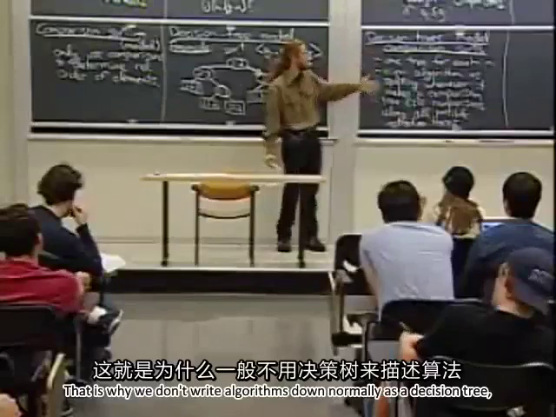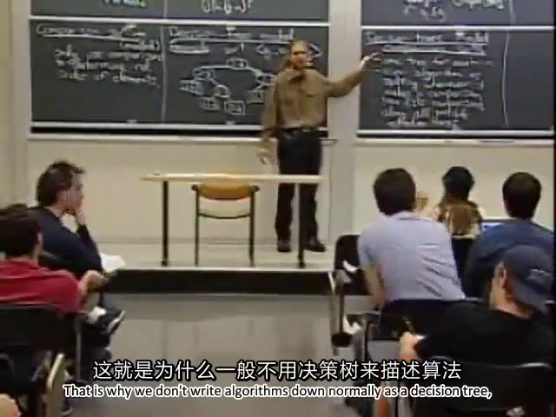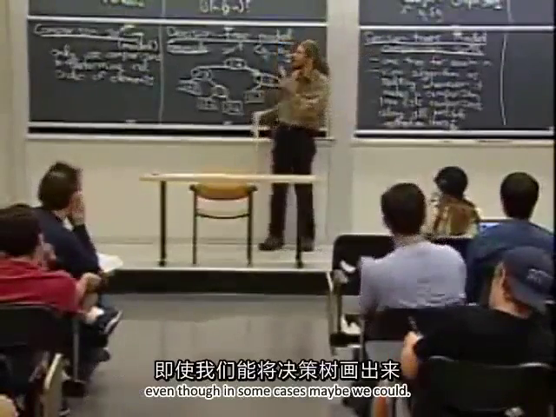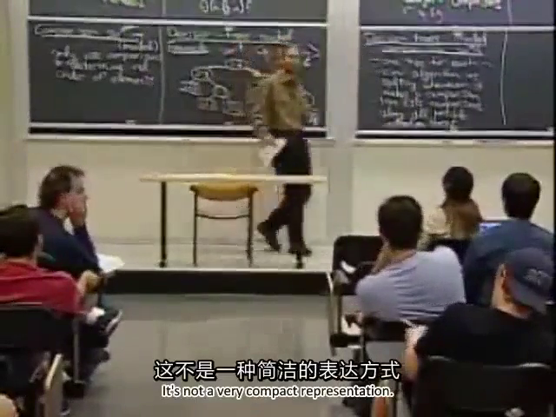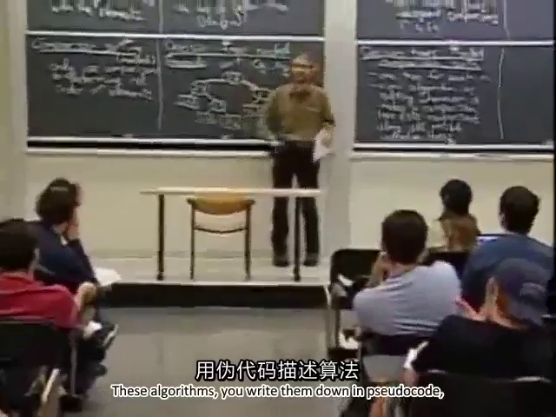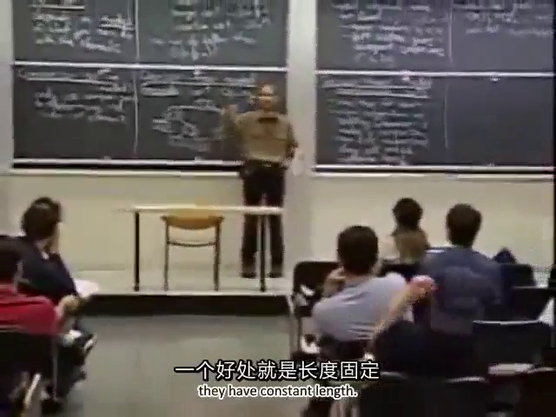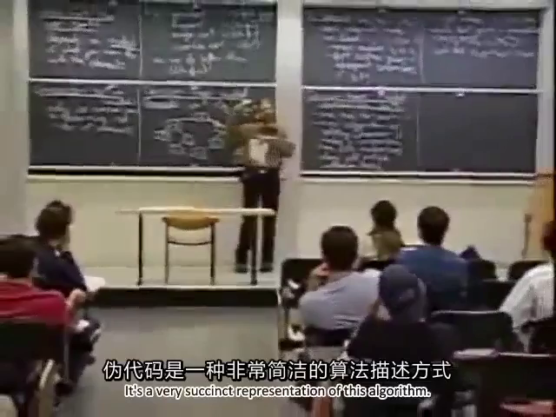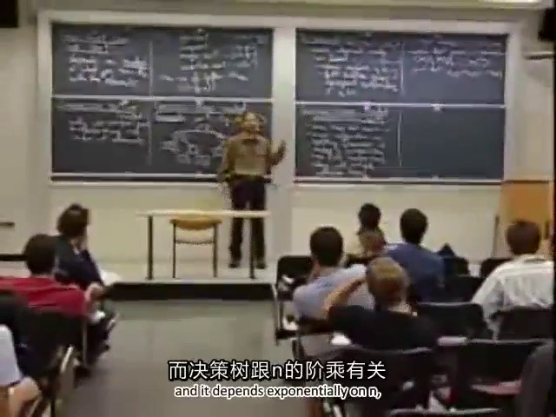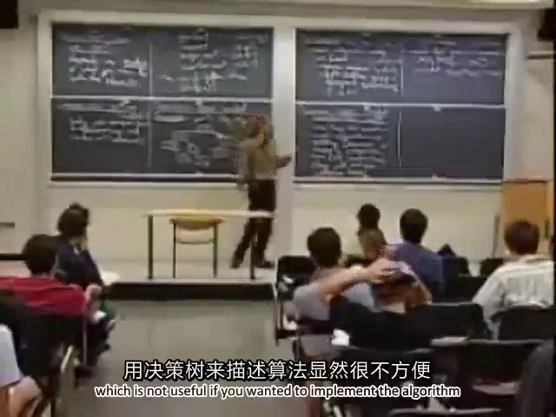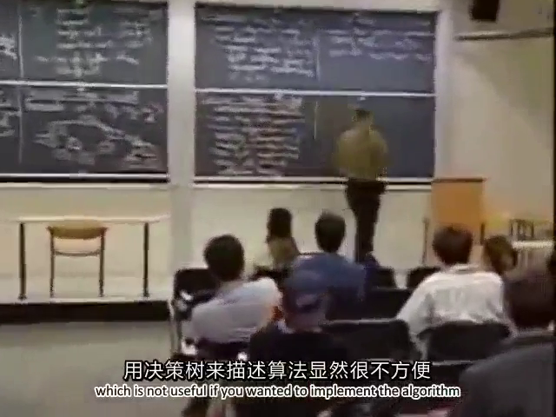That's why we don't write algorithms down normally as a decision tree, even though in some cases maybe we could. It's not a very compact representation. These algorithms, you write them down in pseudocode, they have constant length. It's a very succinct representation of this algorithm. Here, the length depends on n, and it depends exponentially on n, which is not useful if you wanted to implement the algorithm.